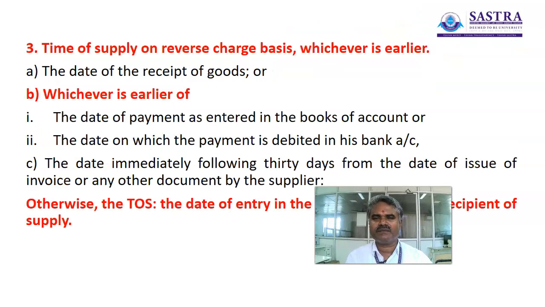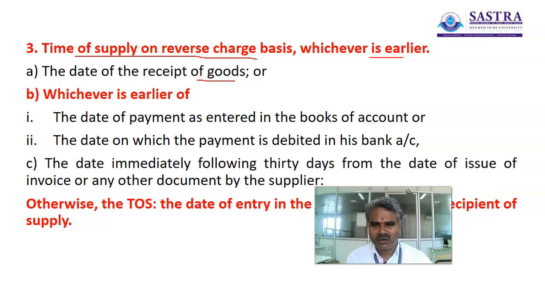Then time of supply of services. Time of supply on reverse charge basis. It is also goods. Reverse charge basis means when the beneficiary pays GST to the government directly. Here, whichever is earlier: first one is the date of the receipt of the goods.